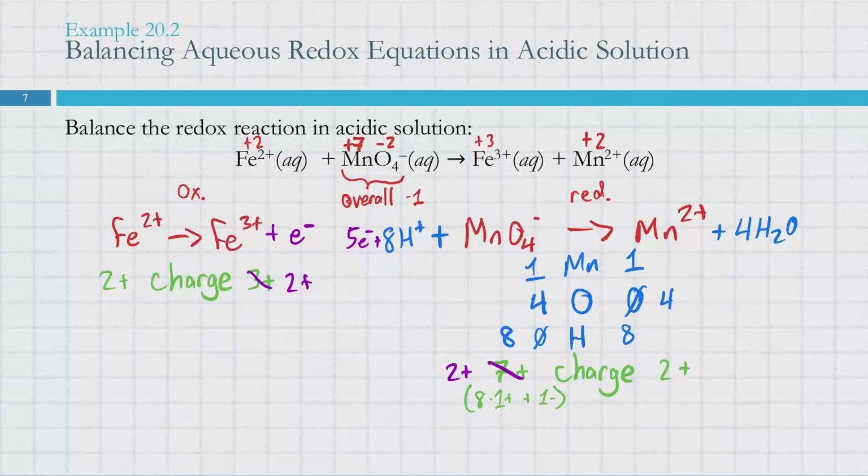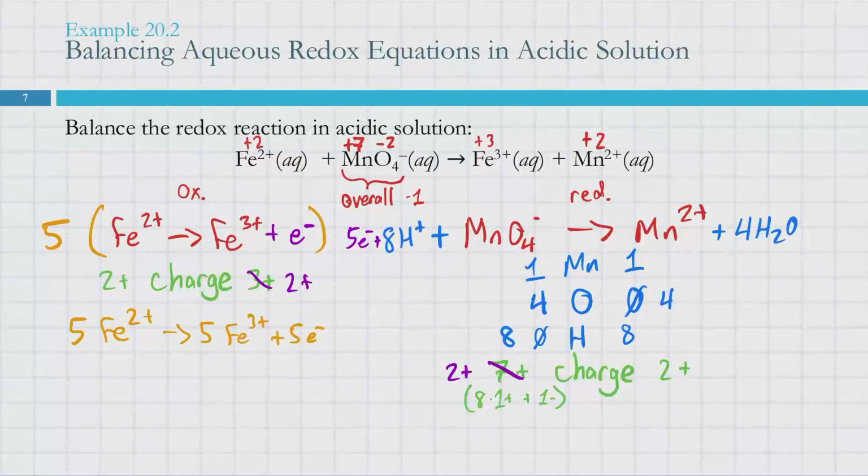So we're going to do that in orange. So we have to multiply all of those things by 5. So we'll end up with 5 Fe2+ goes to 5 Fe3+ plus 5 e- electrons.